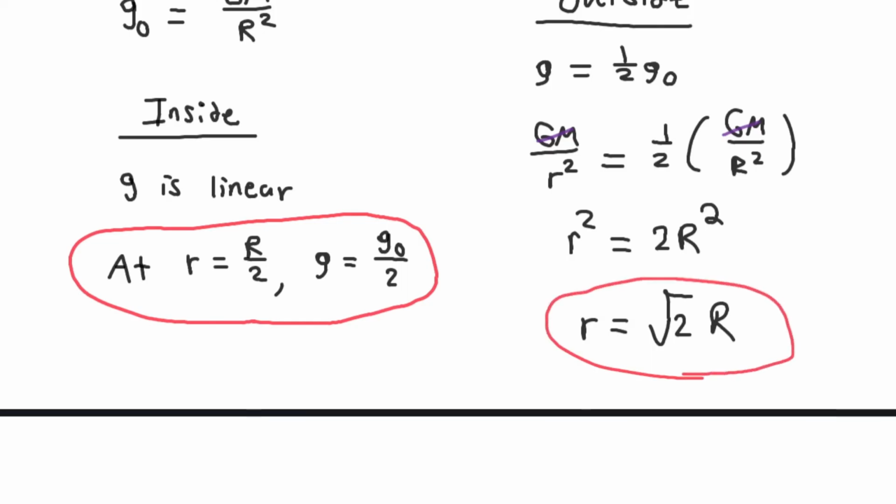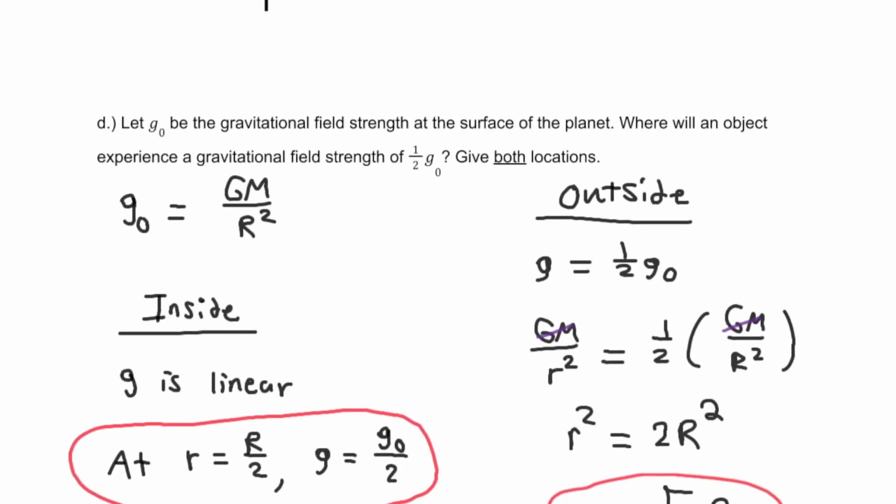And there's our answer. Or you could just see that, well, since it's inverse square, you've got to have a square root of 2 in the denominator to make it half as large, because the squaring will remove the square root. So notice very different behaviors. Inside it is just linear, but outside we have to account for that inverse square law behavior.